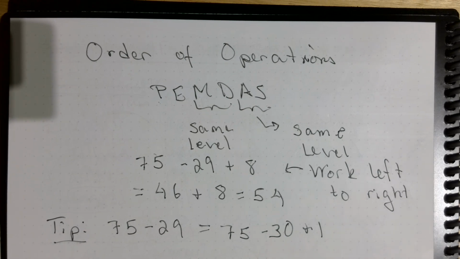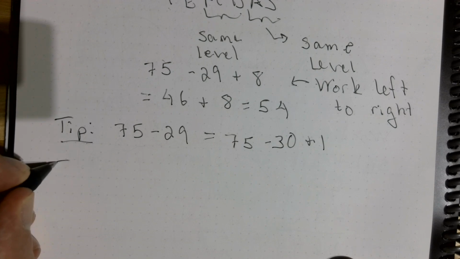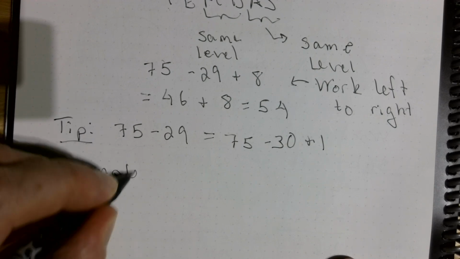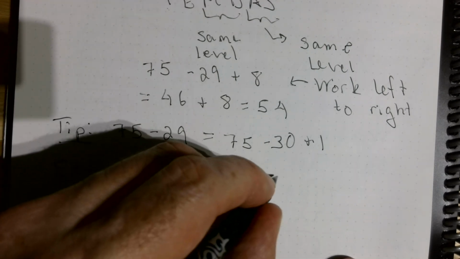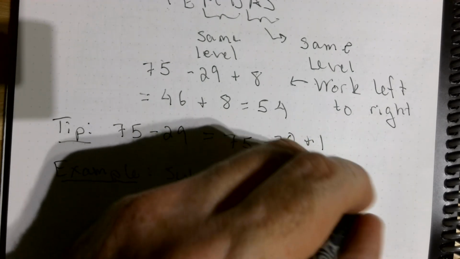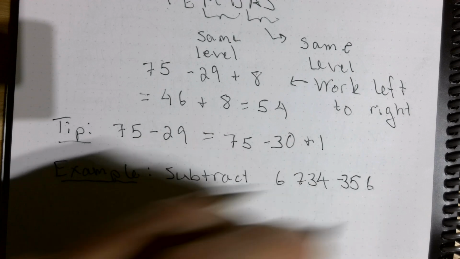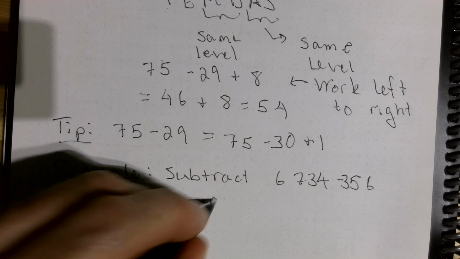Okay, of course, whenever you are doing a subtraction problem, you can always check your answer by doing an addition problem. Okay, so subtraction and addition are inverses of each other. So if we were to do something quick like this here, subtract 6,734 minus 356 and check your answer.